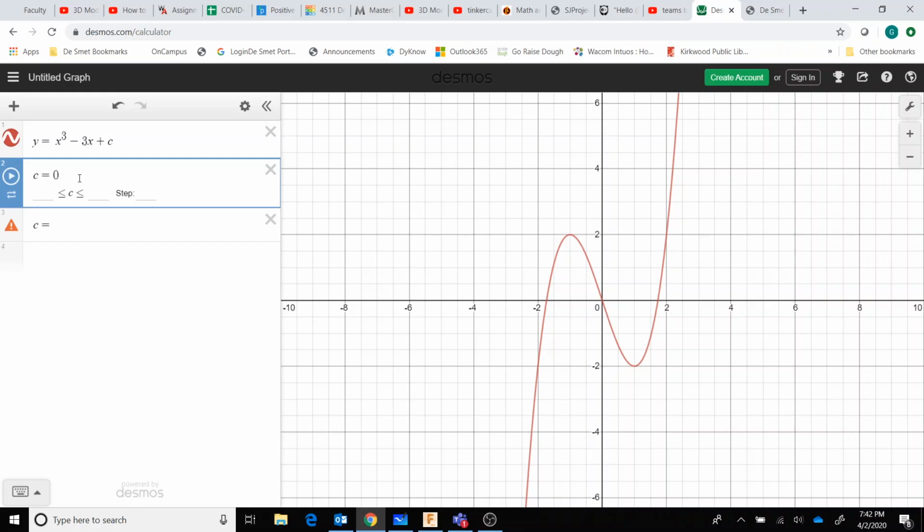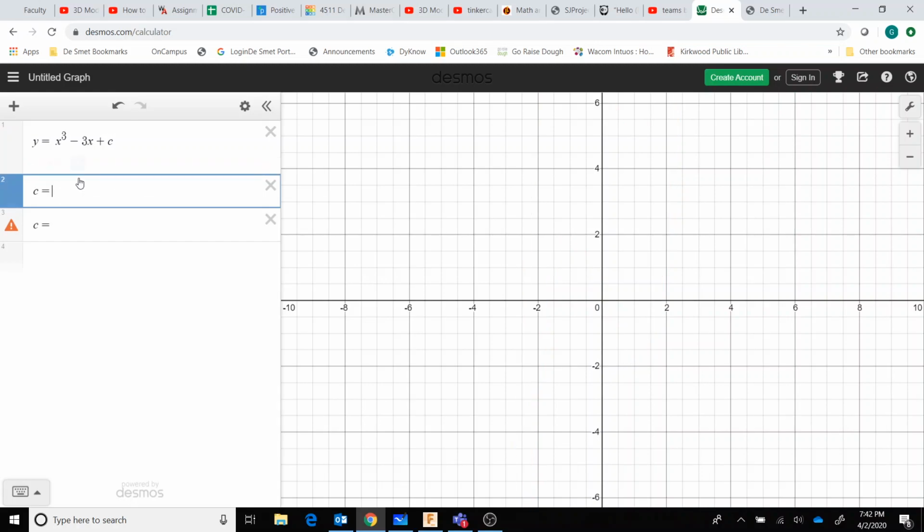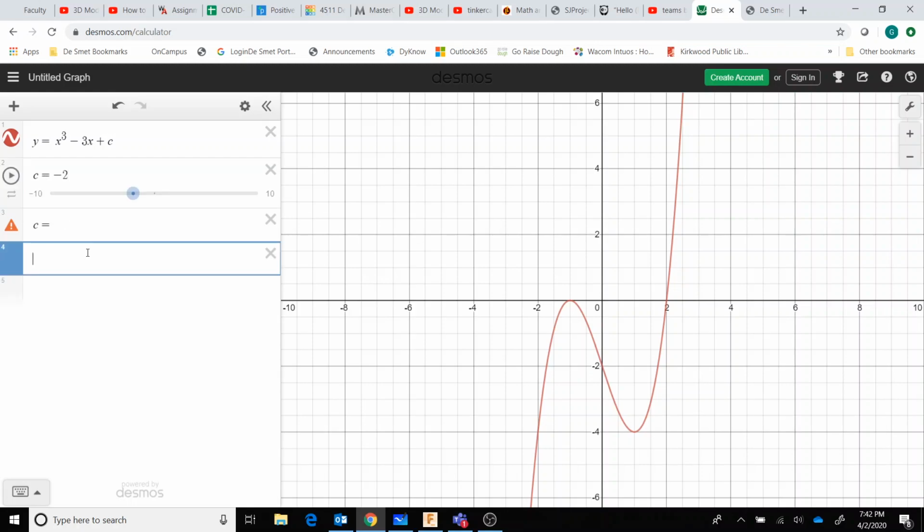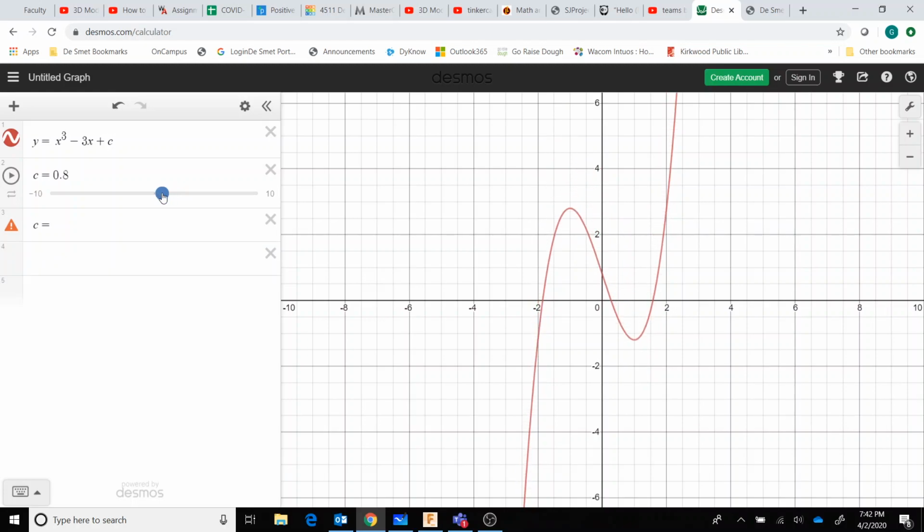But if C was 7, this thing shifts up here. If C was minus 2, it shifts over here. C could be all sorts of different things, okay? And depending on what C is, this graph looks a little different.